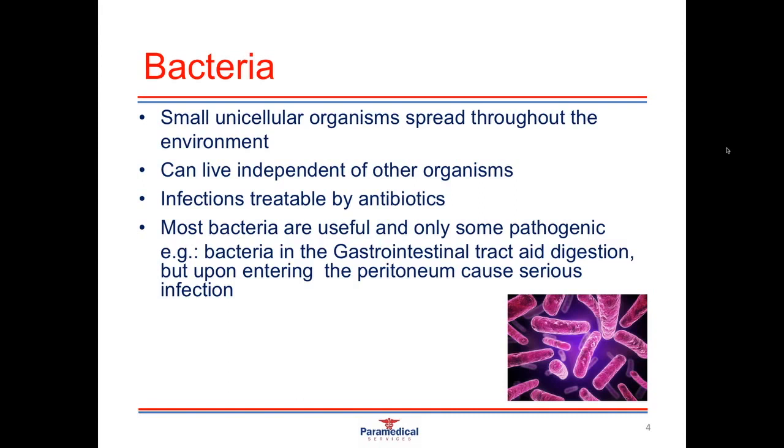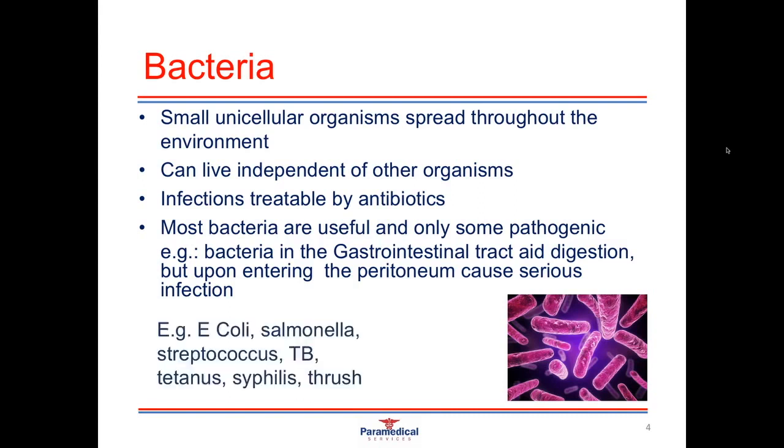So a couple of examples of different types of bacterial infections are E. coli, Salmonella, Streptococcus, TB or tuberculosis, tetanus, syphilis, and thrush. And you'll notice that with a lot of medical conditions or diseases, you might have a bacterial infection of that and a viral infection, so caused by different things.